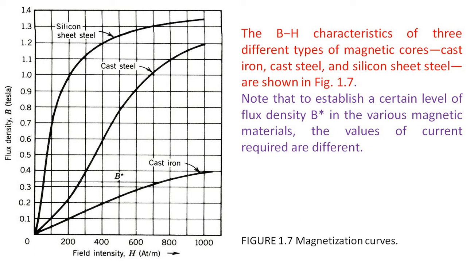Then silicon steel shows linear variation to saturation and then nonlinear variation. So in magnetic circuits we use silicon steel in most components of electrical machines, especially for the armature in a DC generator. It reduces hysteresis and eddy current losses.